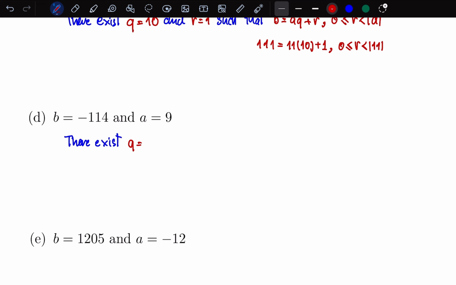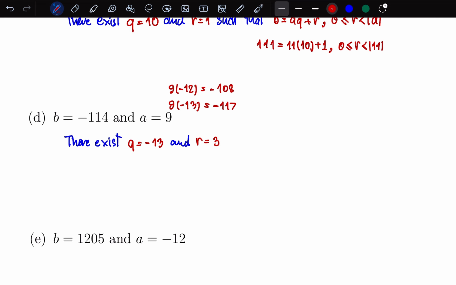We know that 9 times minus 12 is minus 108. 9 times minus 13, you're going to have minus 117. So I have to use Q, which is minus 13, and the remainder is 3.